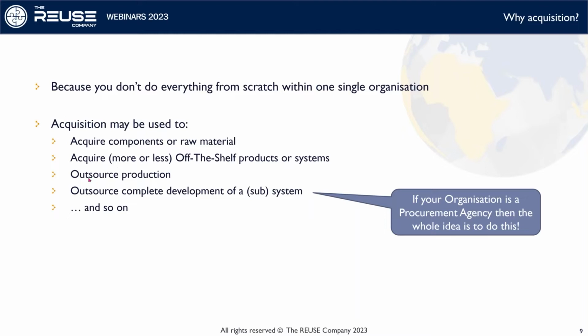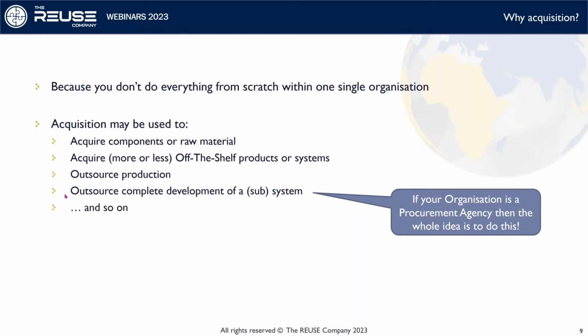You could actually outsource production, which is another type of acquisition, where you basically have been doing most part of the development in-house, and you just purchase production based on specifications and perhaps drawings and standards that you have been producing. But you also may outsource a complete development of a system or a subsystem.